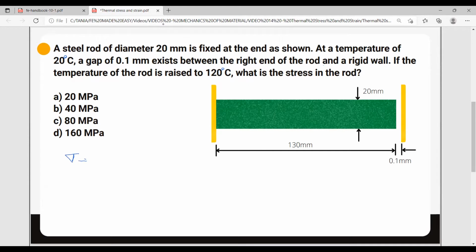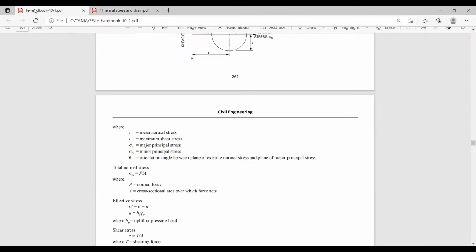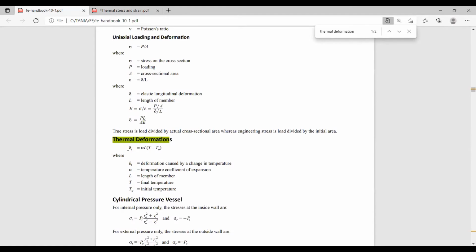Stress equals force over area. Due to the raised temperature, we are going to have a thermal deformation. Let's look in the FE handbook and find the formula for the thermal deformation. So thermal deformation equals the temperature coefficient of expansion, alpha.